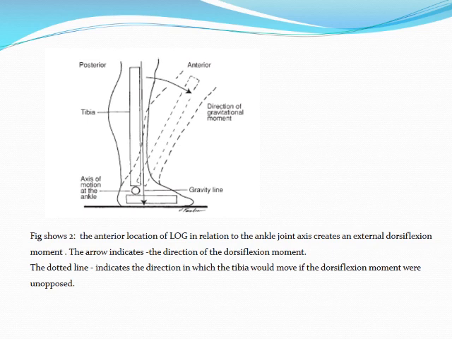It says that if the line of gravity passes anterior to the ankle joint axis, the external gravitational moment will tend to rotate the tibia. That is, the segment proximal to the ankle joint will move in the anterior direction.